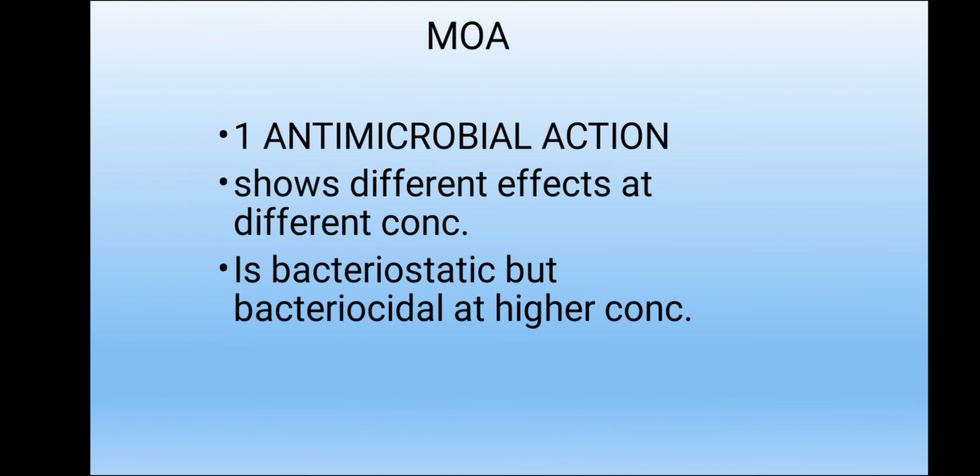Mechanism of action. It has two actions. Number one is antimicrobial, which shows different effects at different concentrations. That means it is bacteriostatic at lower concentration and bactericidal at higher concentration.